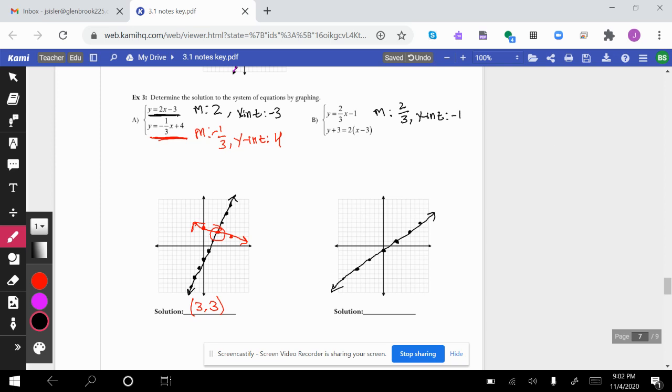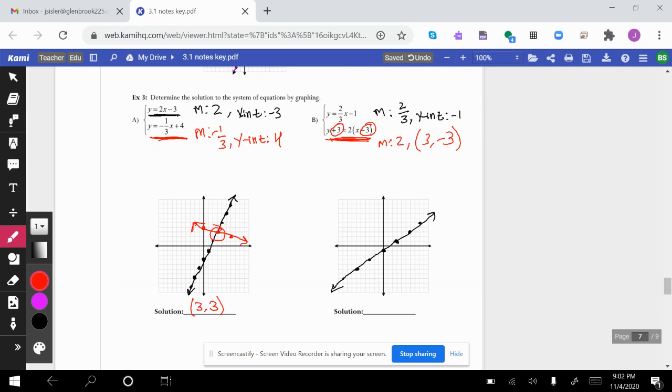Okay. And then we're going to graph our second equation, and this is in point slope form. If we recall from our point slope formula, our slope is going to be 2, and we don't have a y-intercept, but rather we have a point, which is 3, -3.